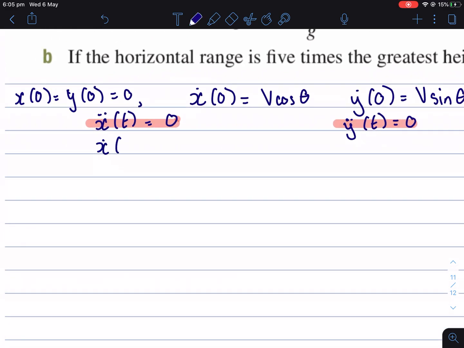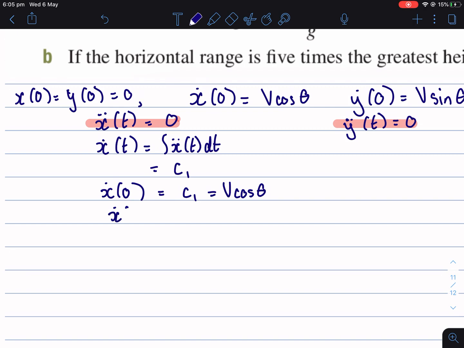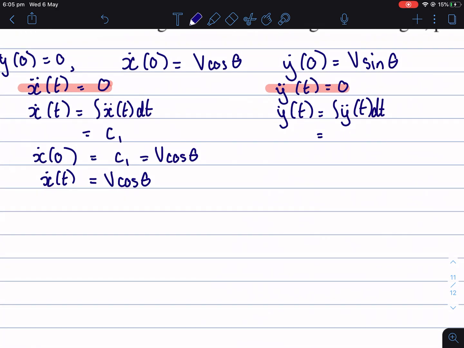So x dot t is the integral of this, and that's not 0, it's minus 10.